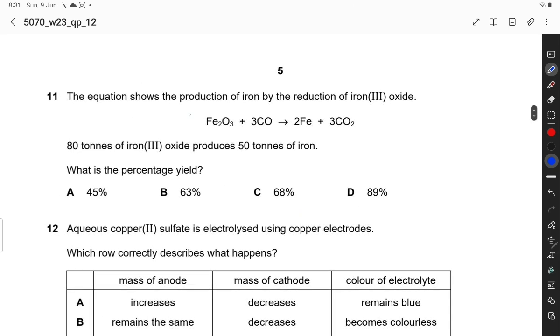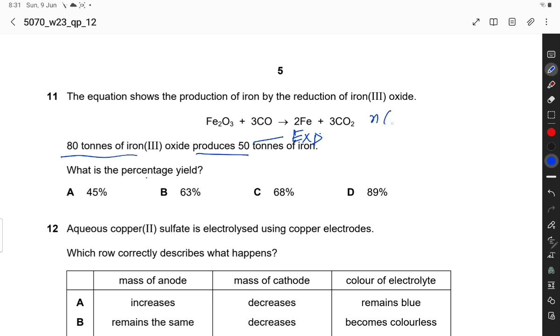Question number 11. The equation shows the production of iron by the reduction of iron 3 oxide. 80 tons of iron 3 oxide produces 50 tons of iron. What is the percentage yield? 50 ton is the experimental. 80 tons of iron 3 oxide.